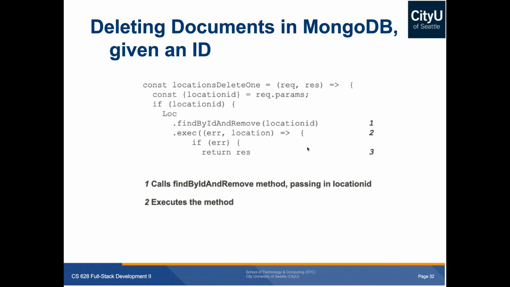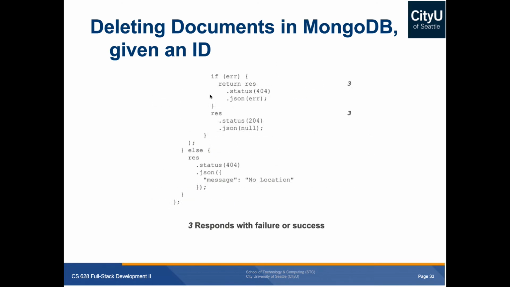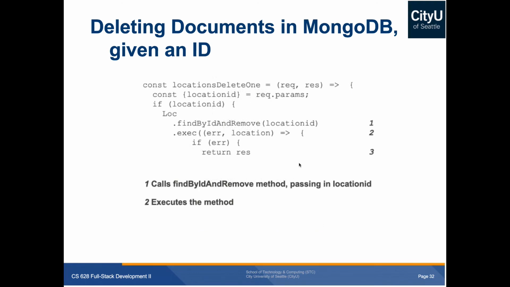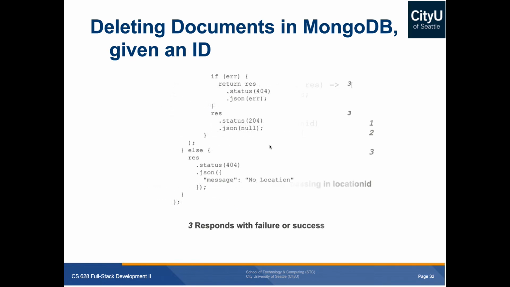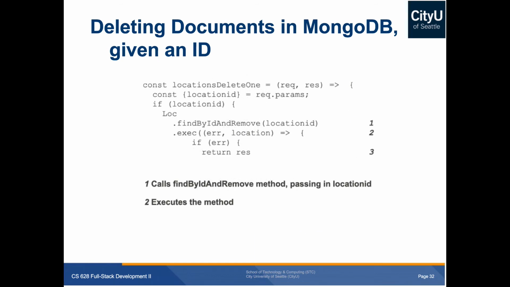And then once you find that, you execute the query. That's it. Any error, return an error, right? And then if there's no error but the location is not correct, then throw this 404, right? And another error there wherein there's no location.